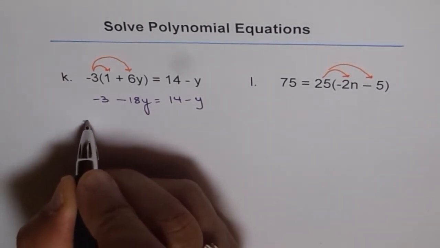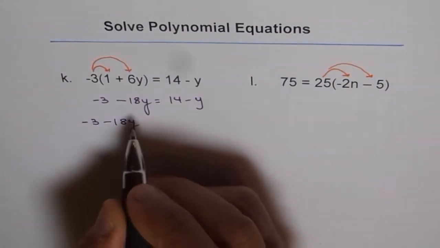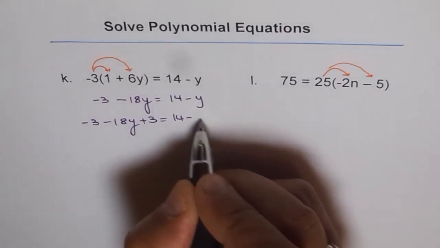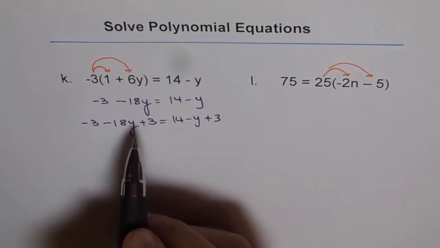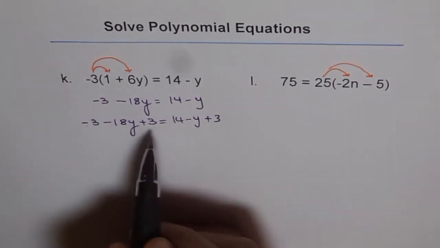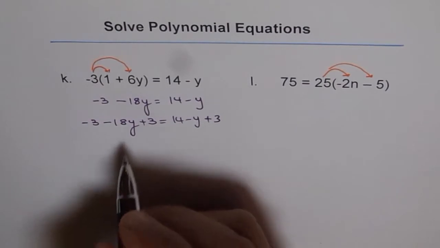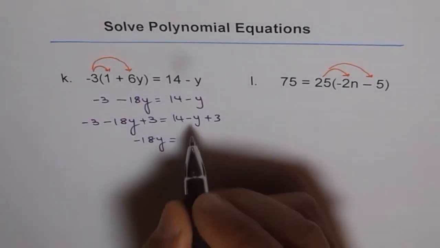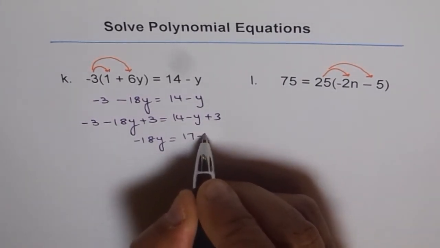So we'll do minus 3 minus 18y, and to get rid of this minus 3 we are adding plus 3 here. And here we have 14 minus y plus 3. So effectively what happened is we added plus 3 to both sides. Here minus 3 plus 3 became 0, and we are left with minus 18y equals 14 plus 3, which is 17 minus y.